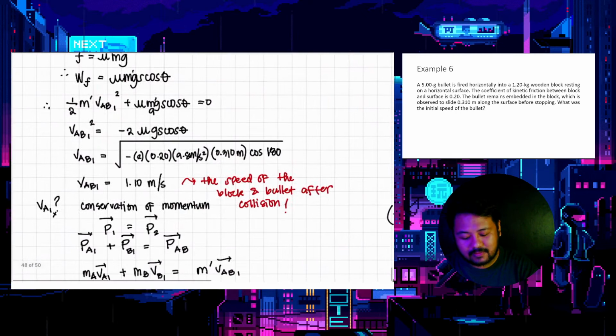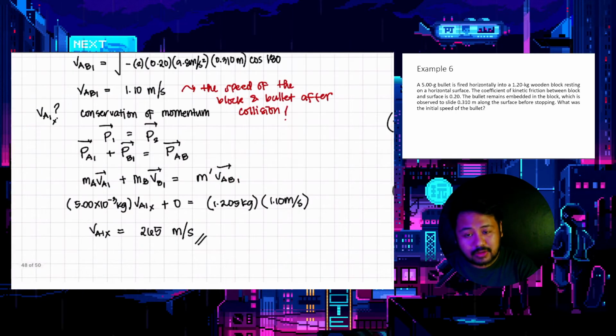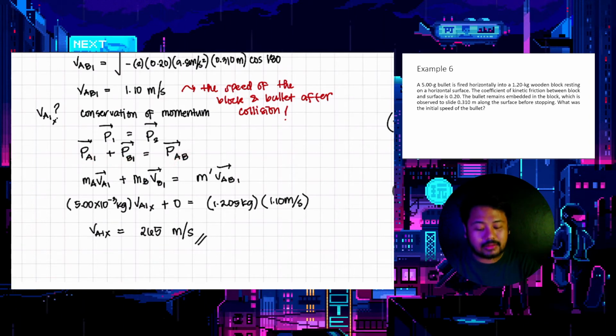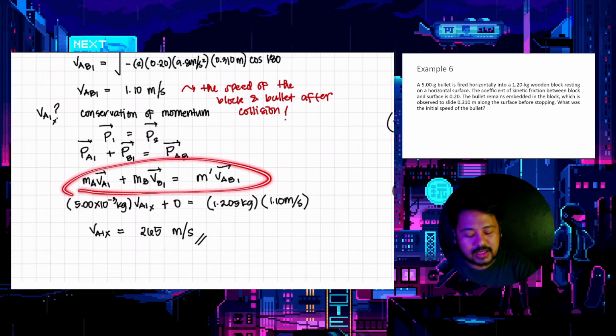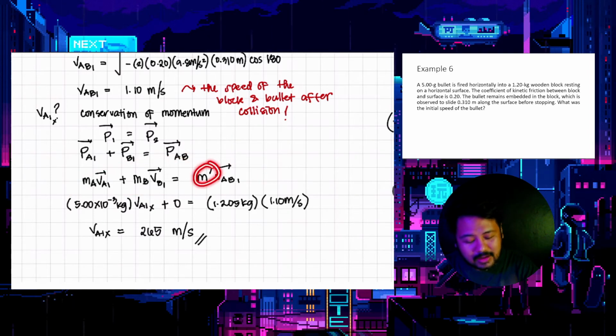So we now have P1 equal to P2, which is equal to P_A1 plus P_B1: the initial momentum of the bullet and of the block, and then the final momentum of the bullet and block embedded together, moving together. So we now have this working equation, wherein this m prime pertains to the mass of the block and the bullet together and moving as one. And initially our block has zero momentum, so this will become zero.